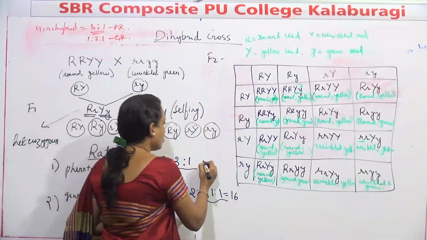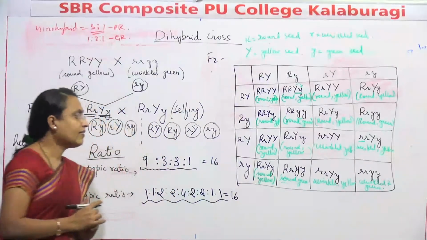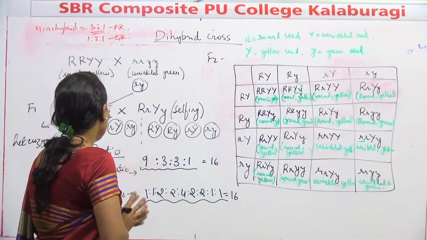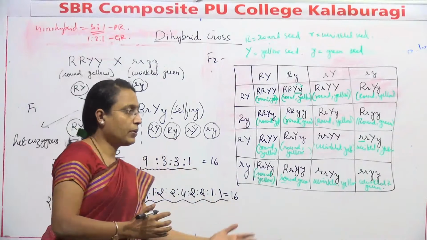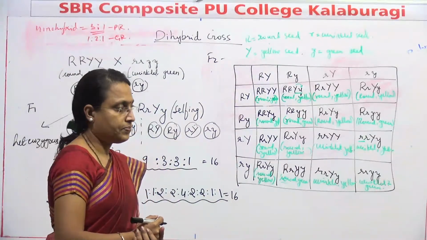And of course, here also it should be a total of 16. Then we say that whatever phenotype ratio and whatever genotype ratio you have written is correct.